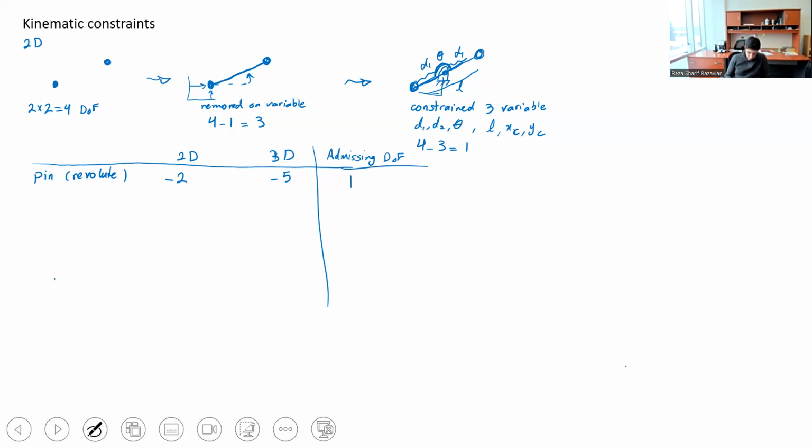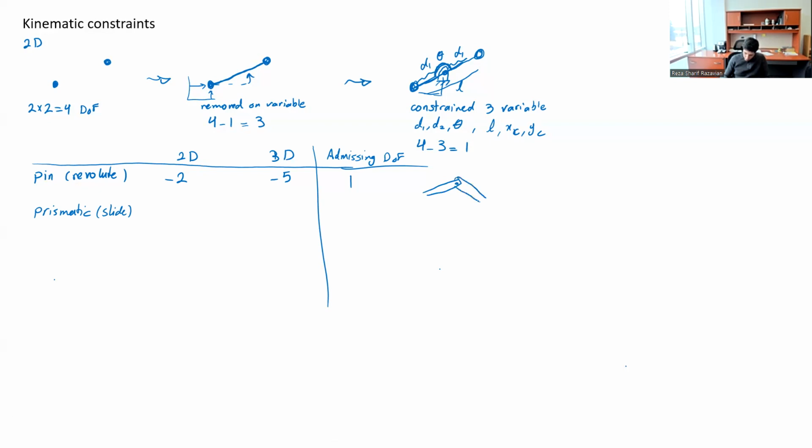Another famous one is a prismatic joint or a slider. Let me draw them as well. So this is what we show as a pin joint.